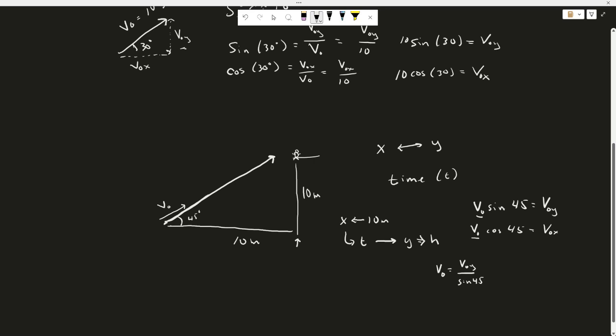And then I could use that to find V0x, let's say. So then I would put in V0y over sine 45, times cosine 45, is equal to V0x. So you could easily do that, or if you have some way to solve for the initial velocity, you might be able to figure out the angle, or you might be able to figure out some other things. And then you could cross that between both dimensions.